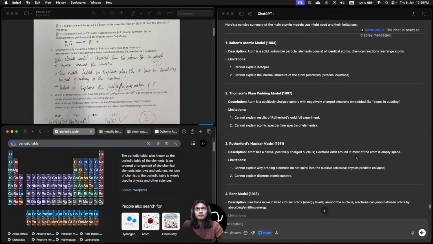I mean, Thomson also didn't know it. Okay. Atomic spectra. Those parts are so weird, the atomic spectra. Bohr model.